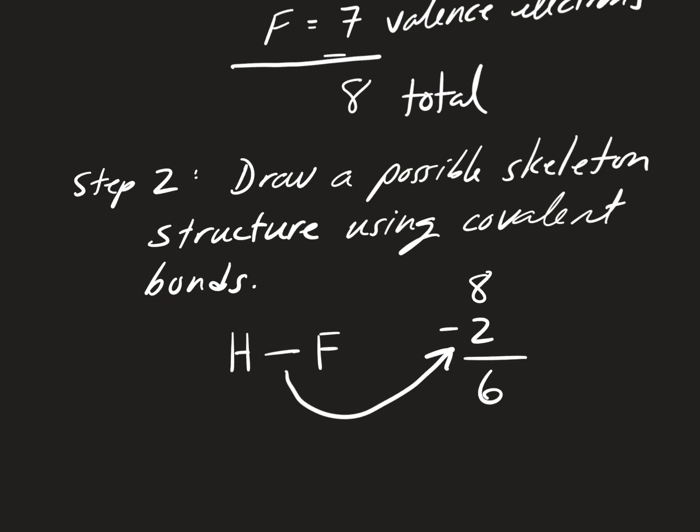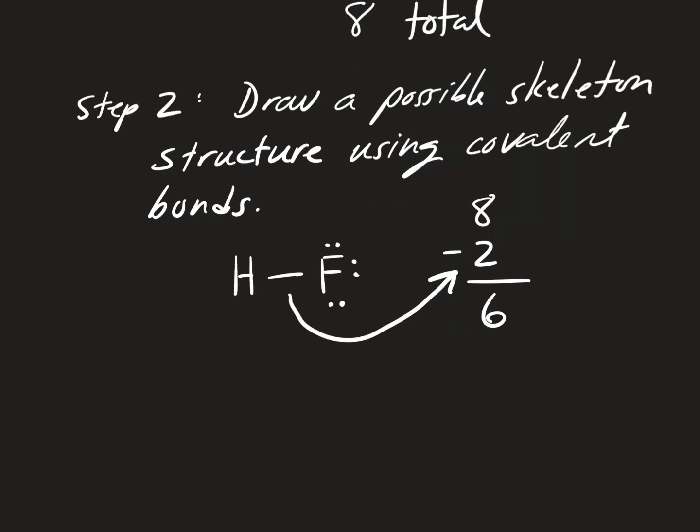We're going to take these leftover valence electrons and distribute them around the fluorine. Now remember how important an octet is to stability, right? So what we're trying for here are octets all the way around the molecule. We're trying to have stable atoms within that molecule.